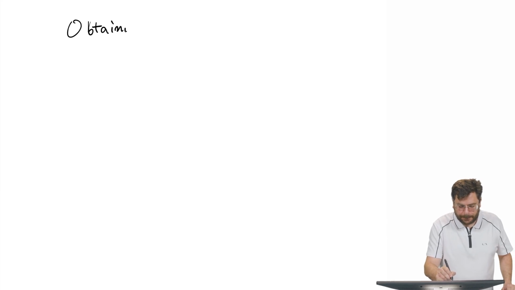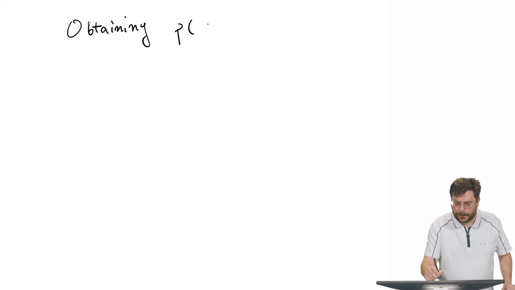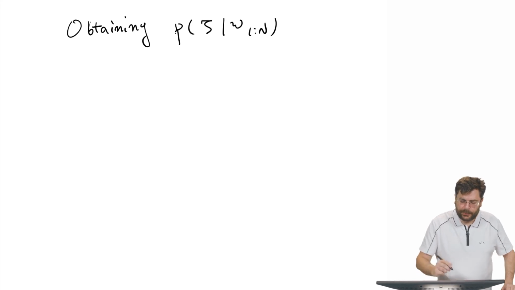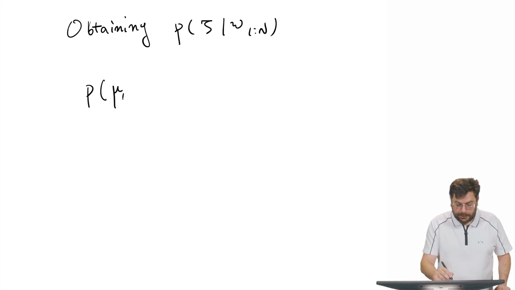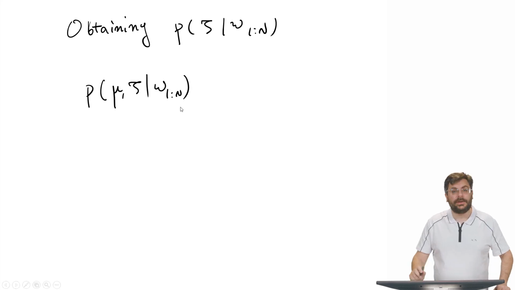So, obtaining p of tau given w1 to n. How am I going to do that? Okay, well, let's start with p of mu given tau, w1 to n, which I know how to construct.